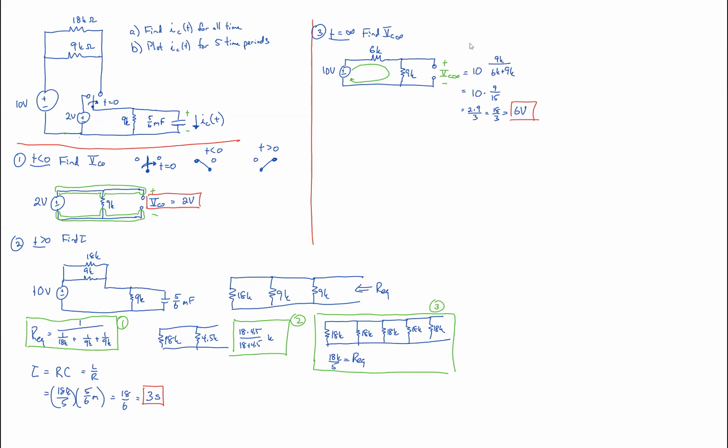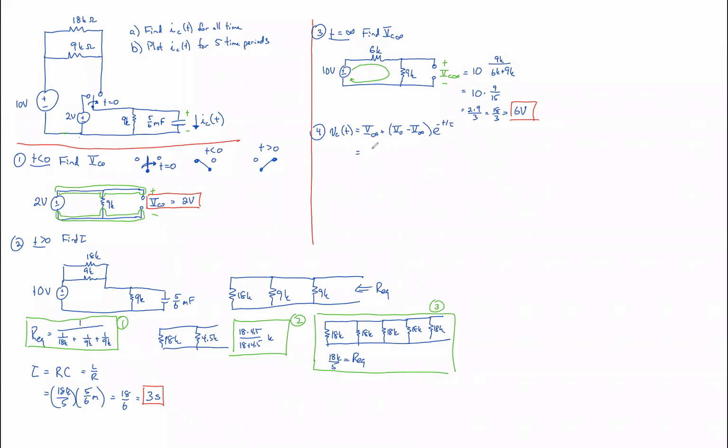Now, the third step is to plug it into our plug and chug equation. And that is the voltage across the capacitor at time t is equal to V of infinity plus V naught minus V of infinity all times e to the minus t over tau.